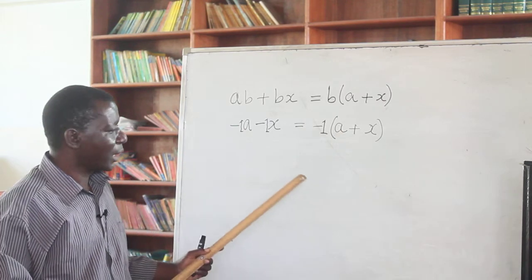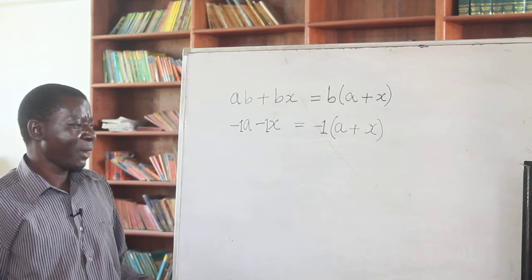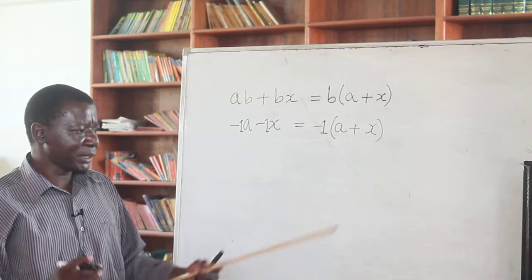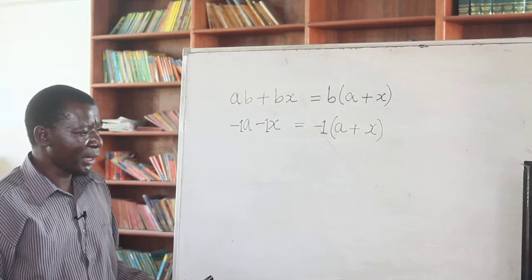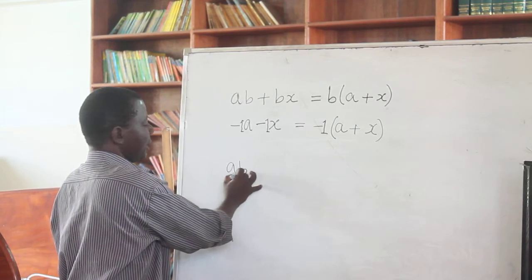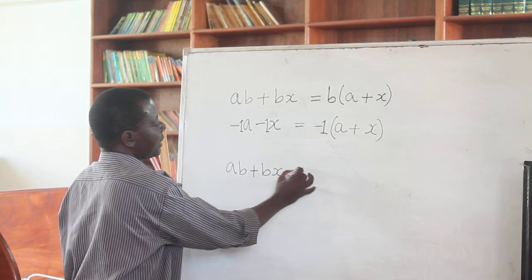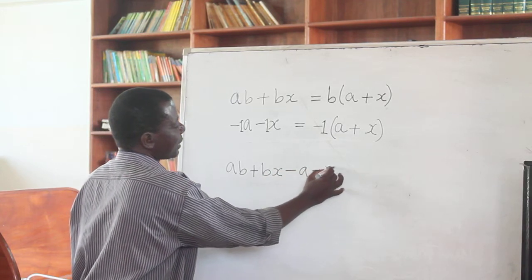And so if we combine all that and factorize it together, we are now getting ab plus bx minus a minus x.